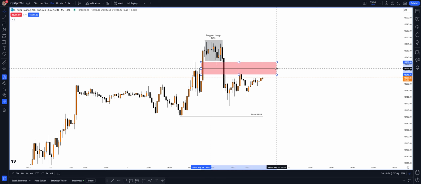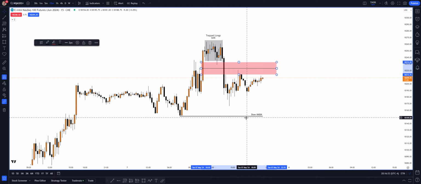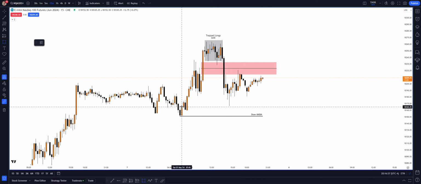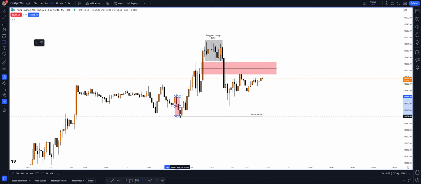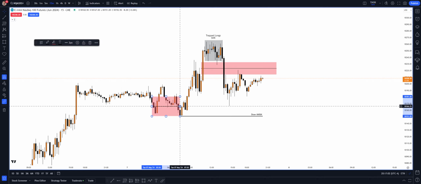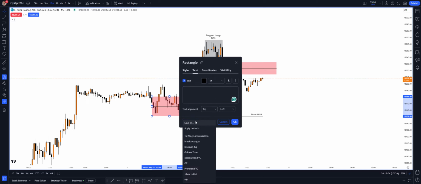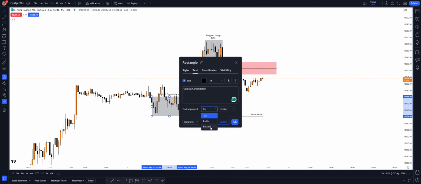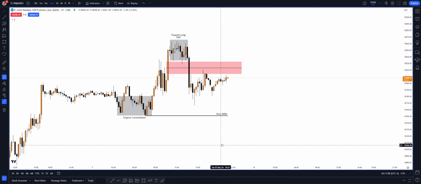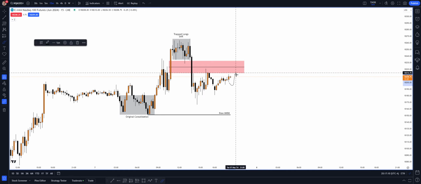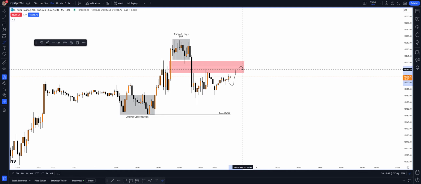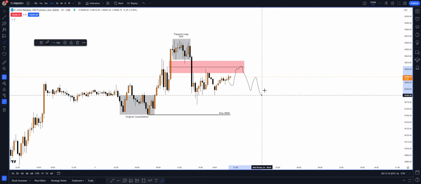Now this BPR should hold price until it gets down into the original consolidation low. Here's the original consolidation, smooth edges down to the south side. This consolidation here is your market maker sell model, drawn liquidity. So I would favor price staying below here, respecting the CE at least, and then going for the lows.